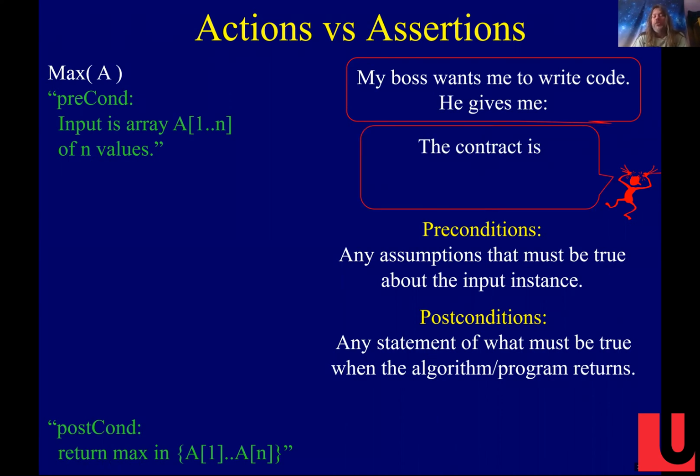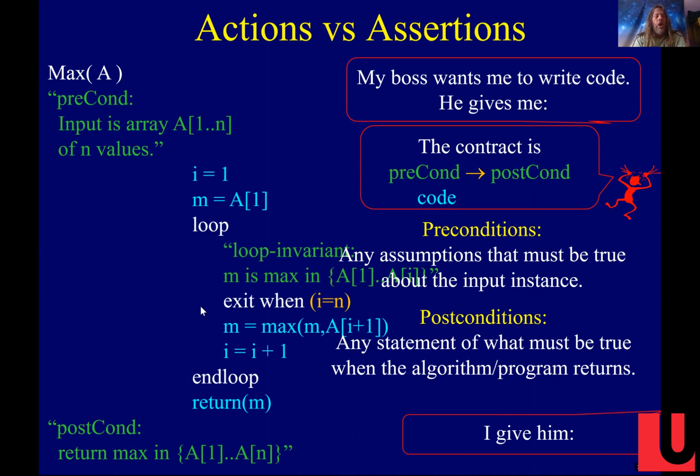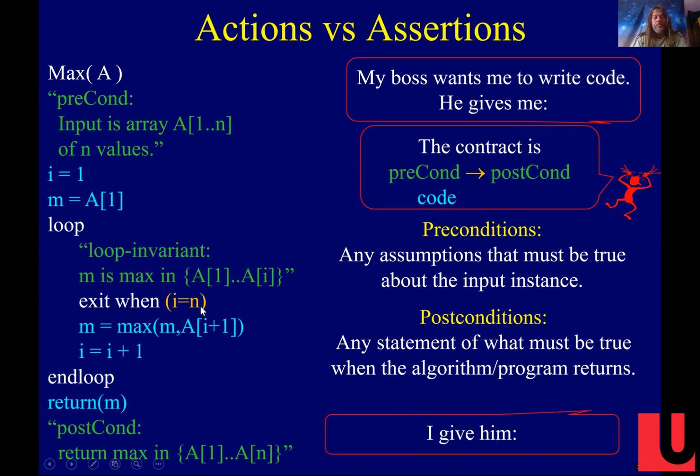And what's the contract? The contract is if the precondition is true about the input and you execute the code, then when you get to the bottom, the postcondition needs to be true. All right. And what do you give your boss back? You give her code.